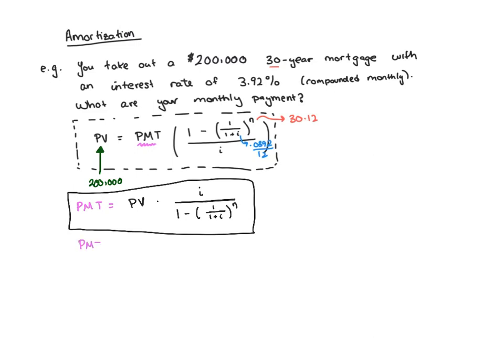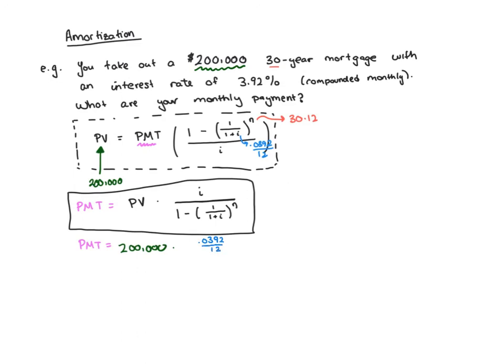From here, I just need to plug in the different values. So my payment is equal to the present value, which is that $200,000, times my interest rate. We want the interest rate per time period. So that's going to be 0.0392 divided by 12.